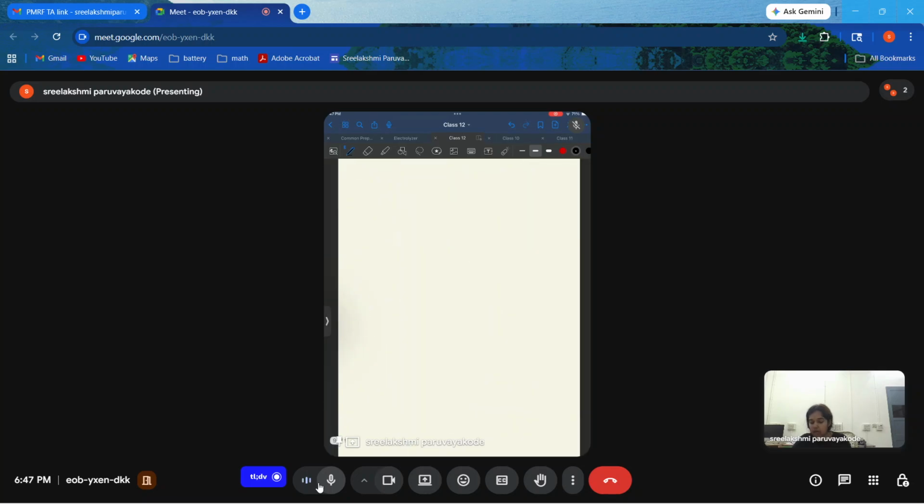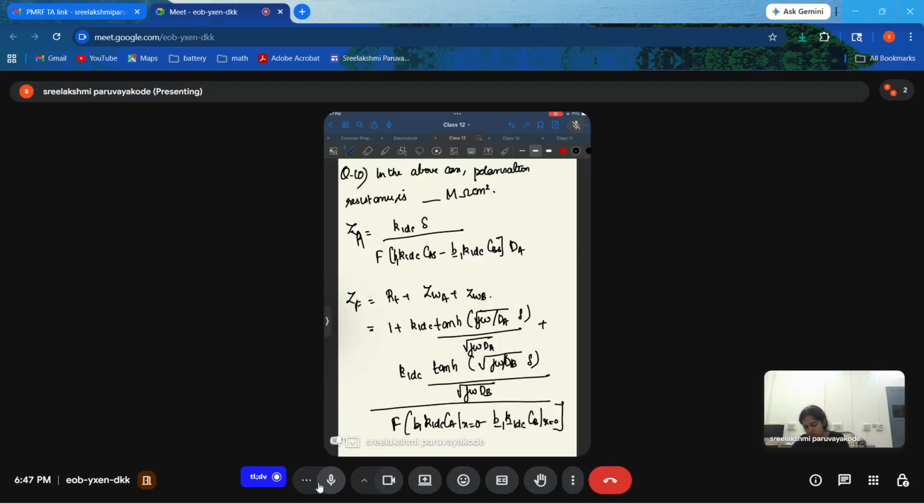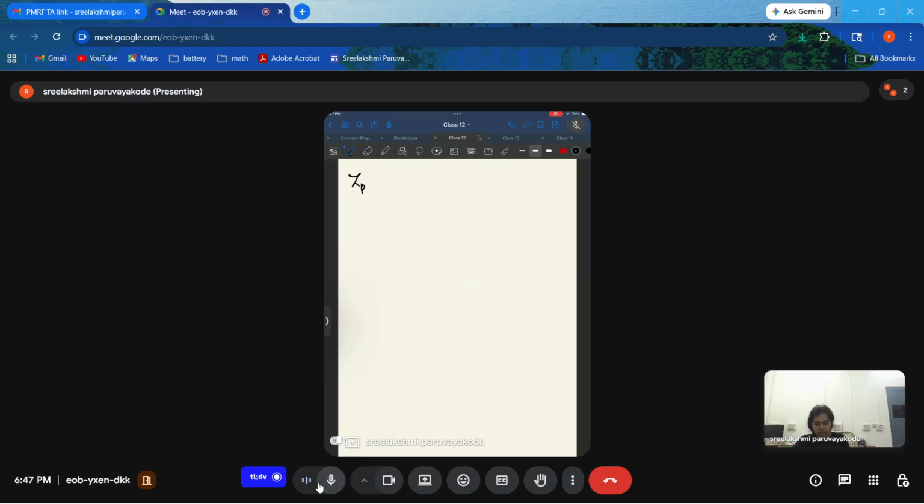Now we have the polarization resistance. So we're looking into how we derived or reached there. Okay? So in polarization resistance, what is the total Faraday impedance when omega tends to 0?